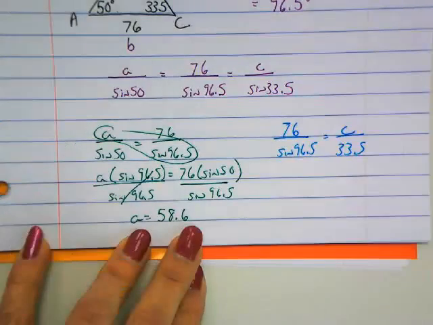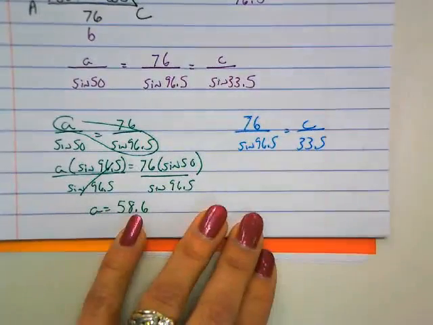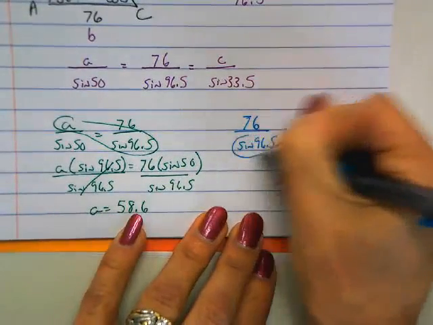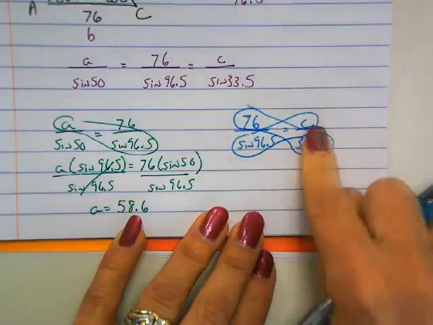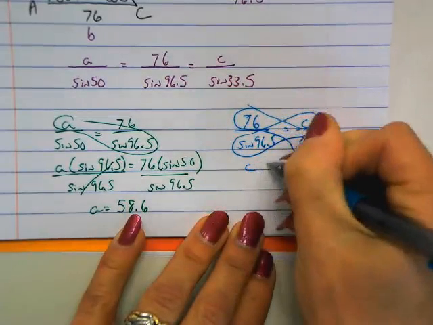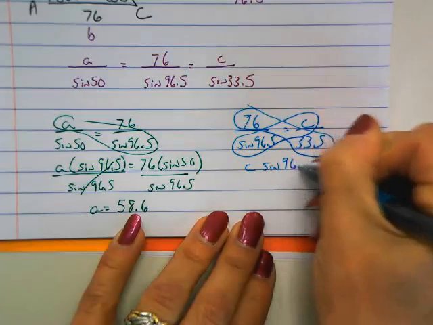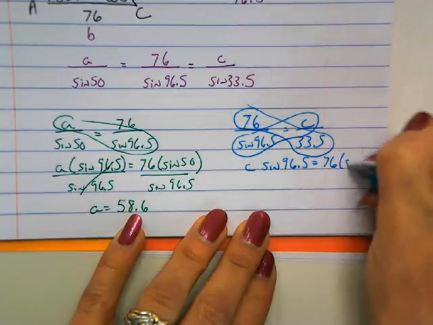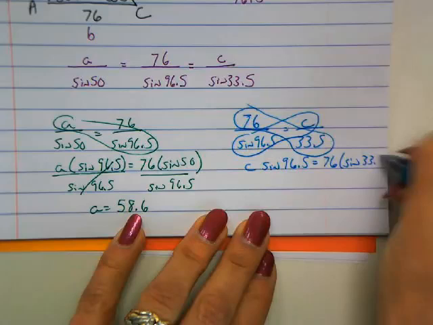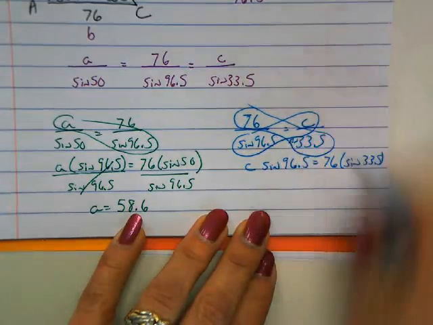Now I'm going to find little c the same way. So I get c times sine 96.5 equals 76 times the sine of 33.5. I noticed, guys, I forgot to put sine in here, so can you add that back in?